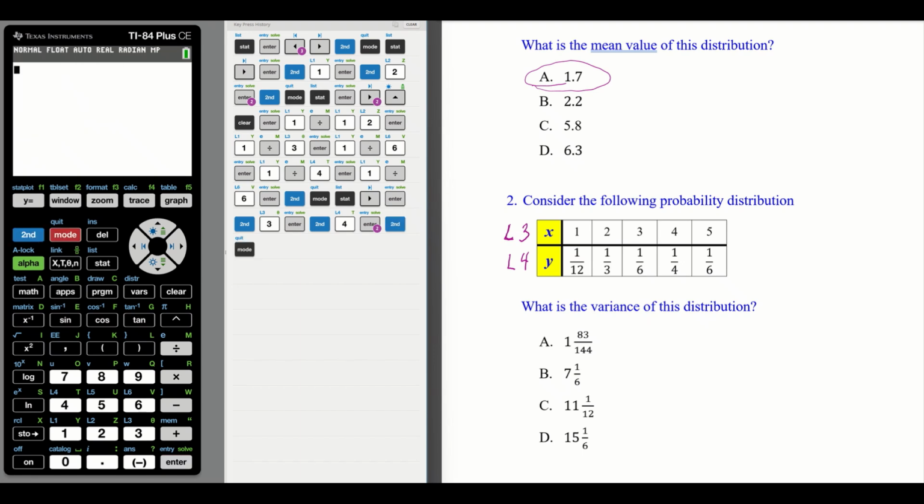Second, quit. Okay, what do we push? Vars. See that number 5? We want that guy. Go down to number 4. Okay, we want to second him. Square him. So now he's ready. He's squared. Enter. Okay.